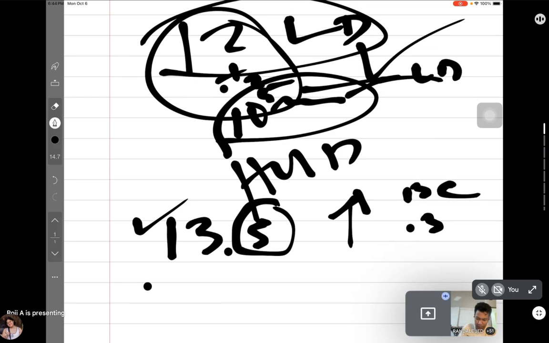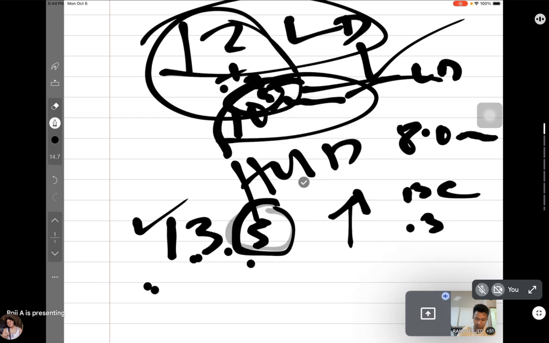So assuming earlier our base curve was 8.0, correct? As you can see, I have a 13.5, coming from 12.5, an increase of one millimeter.